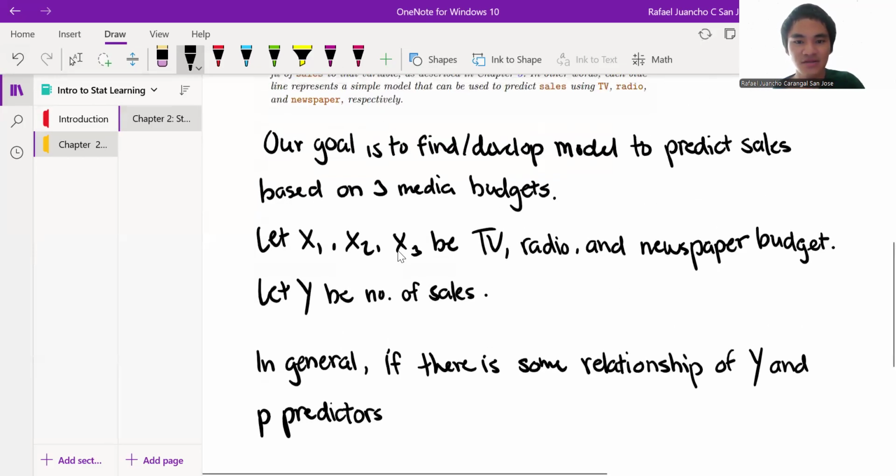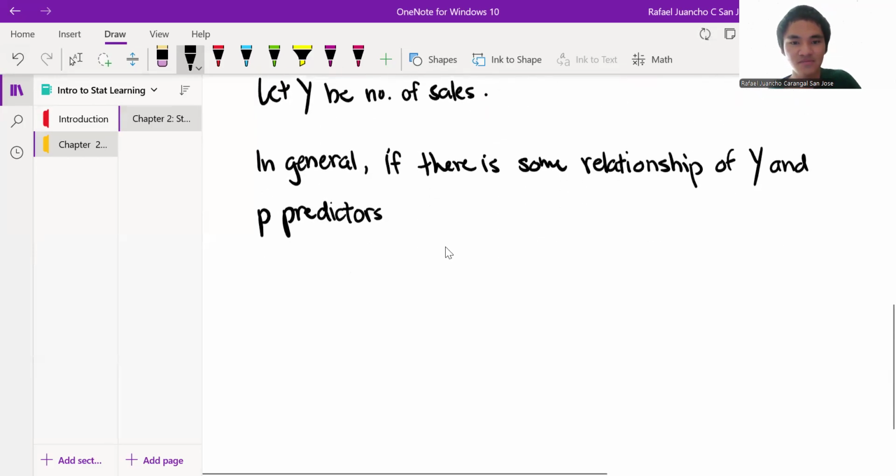In this case, we had 3 predictors in our example. So this one's going to be from x sub 1 all the way to x sub p. Those predictors. Then there has to be some relationship.